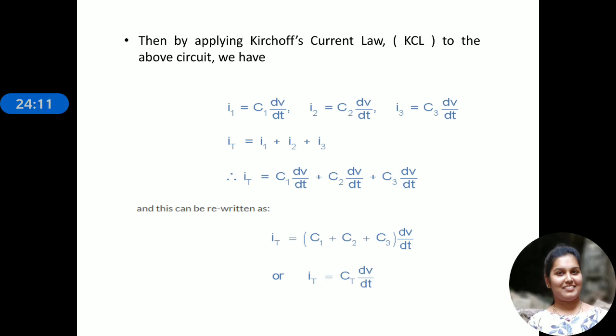Therefore, the total current is a combination of all these terms we have derived. So what we can write is that IT is equal to C1 dV by dt plus C2 dV by dt plus C3 dV by dt.